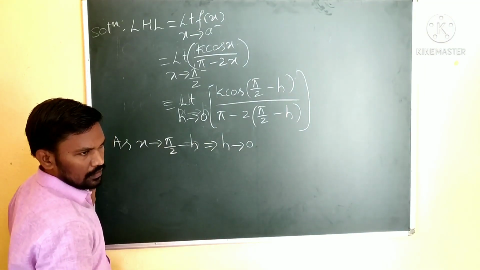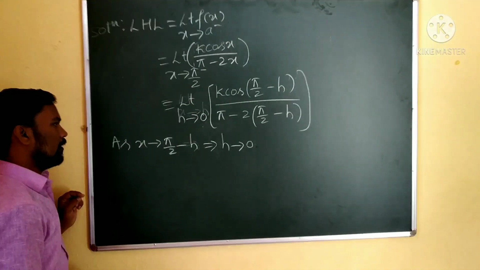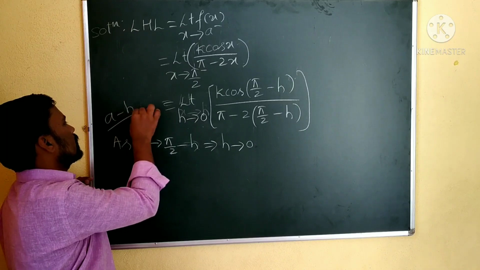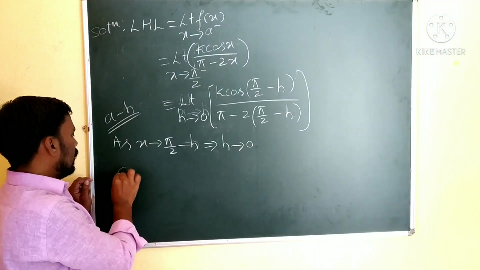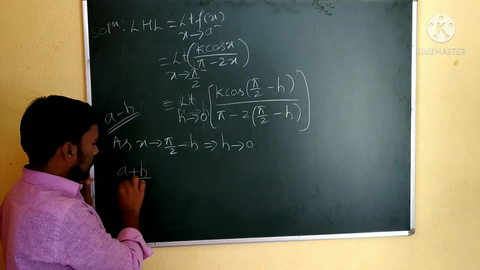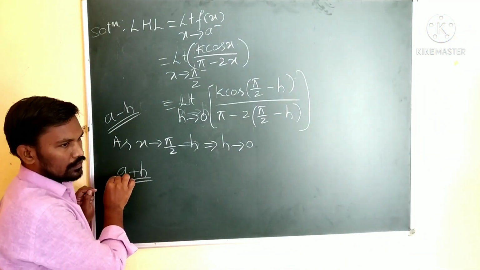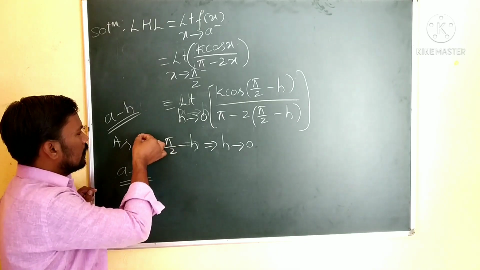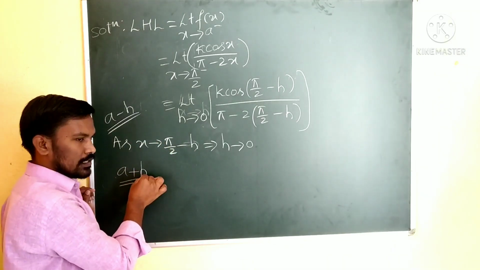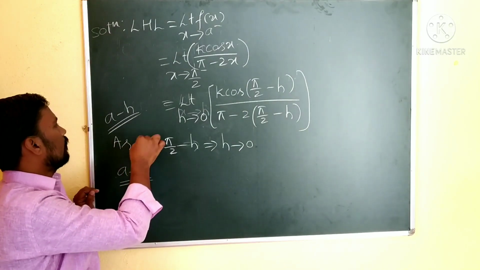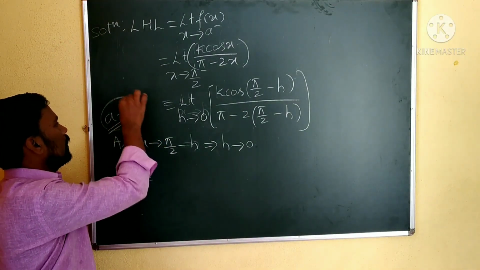For left hand limit, we have to take in general a minus h, and a plus h for right hand limit, where a is a limit point. For right hand limit replace x by a plus h, and for left hand limit replace x by a minus h.